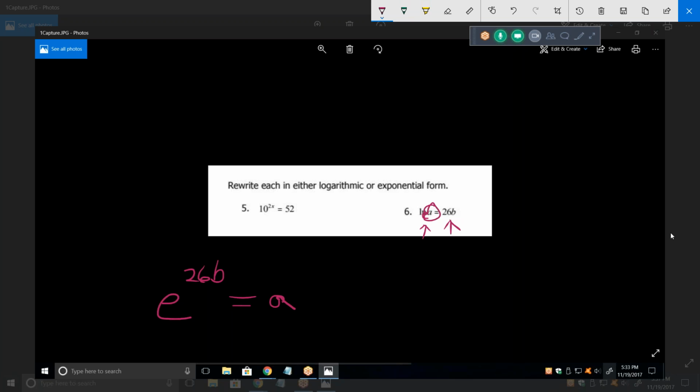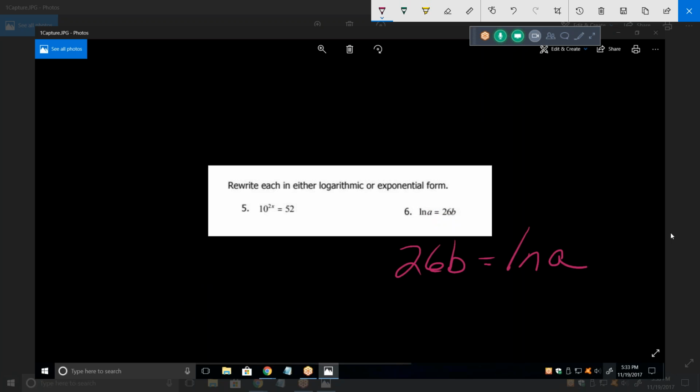Okay. And now that might get you in trouble if you run into something that is written like this, which is just as true as number 6 is. And now my little memory technique doesn't work here, because now it's e, the number in the middle, to the number on the left equals the number on the right.